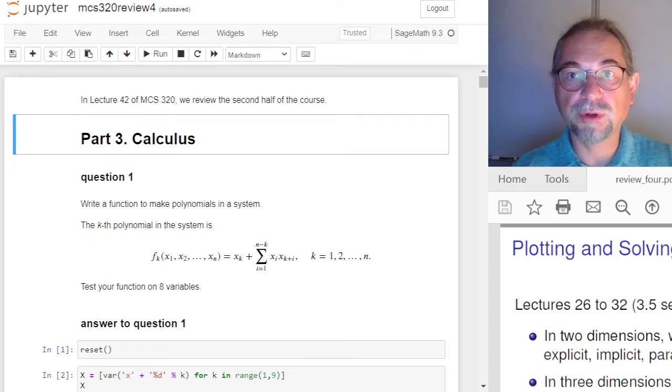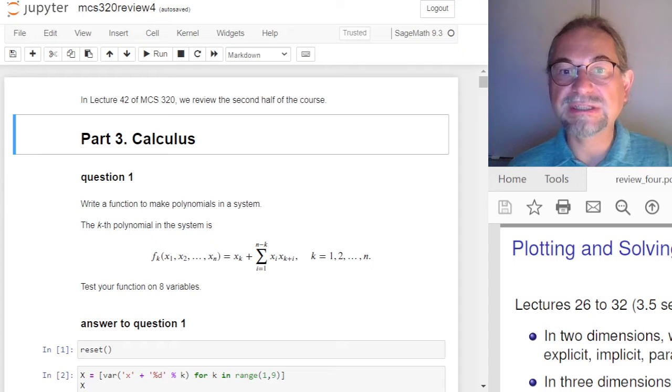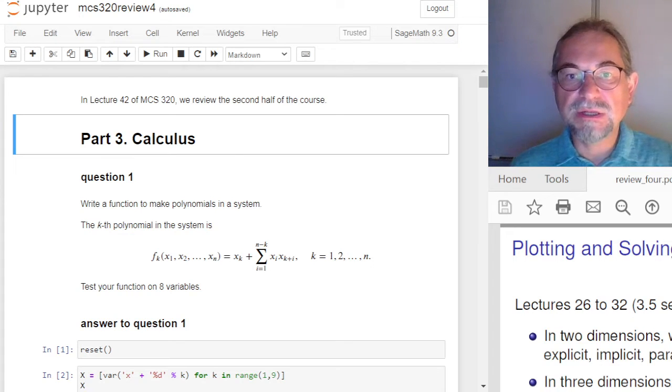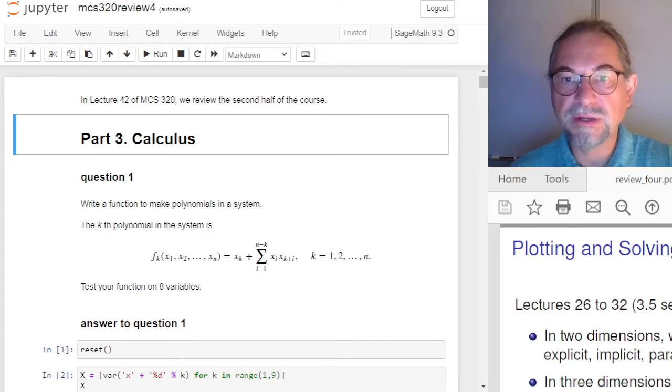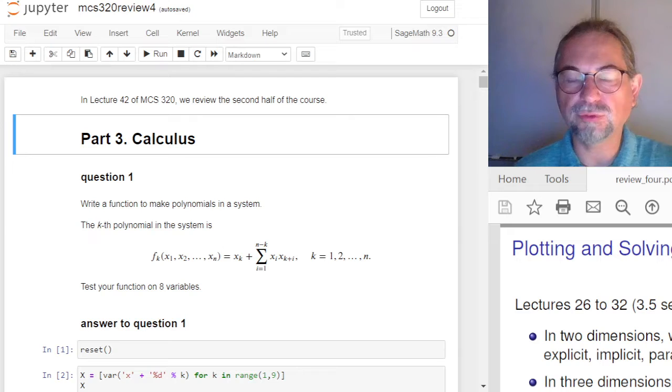The first problem is the definition of a function which computes expressions. So we want to define polynomials. We want to define a system of polynomials. Here you see the general formula that is working for n variables, and the outer index is k, runs from 1 to n.